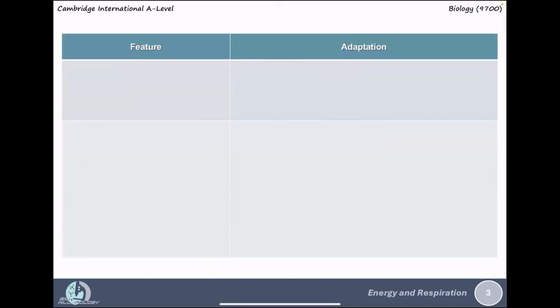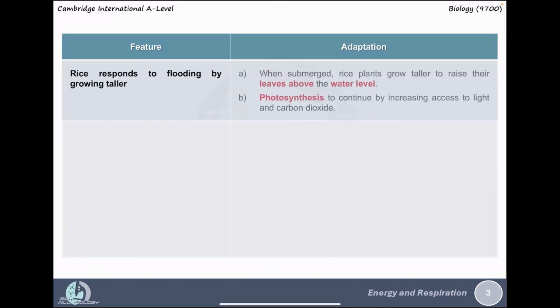So what are the features of a rice plant that enable it to grow in submerged conditions? First of all, the rice responds to flooding by growing taller. So when submerged, the rice plant grows taller to raise its leaves above the water level.